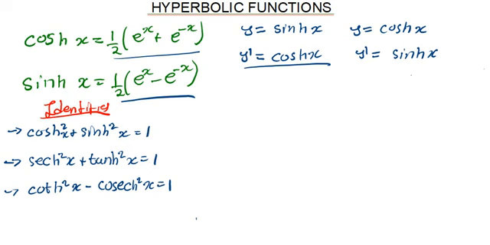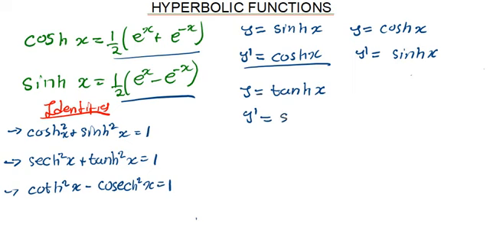So what about if you have y equal to hyperbolic tangent of x? When it comes to these, we use the same as for trig. For trig we know we are going to get sec squared of x, so meaning we are going to get hyperbolic sec squared of x.